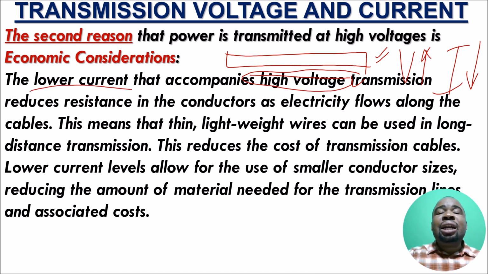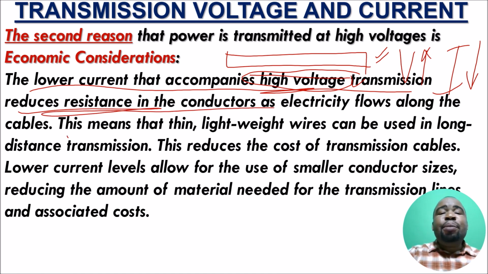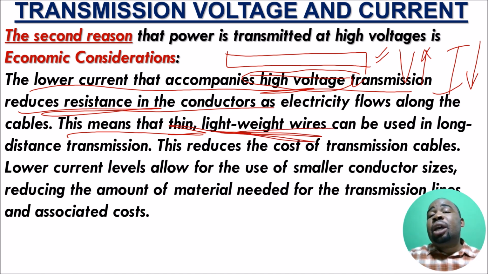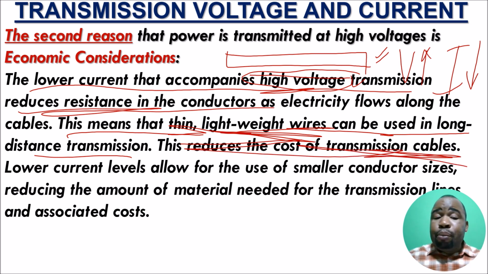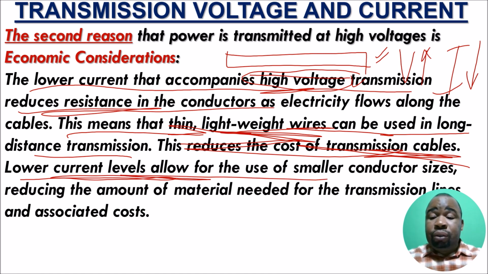The lower current that accompanies a high voltage means thinner, lightweight cables can be used over long distances. This reduces the cost of transmission cables, which in turn lowers the cost of electricity. This is the major thing. But you can find elsewhere some reasons, like it reduces the mass of the overhead grid. That's true.